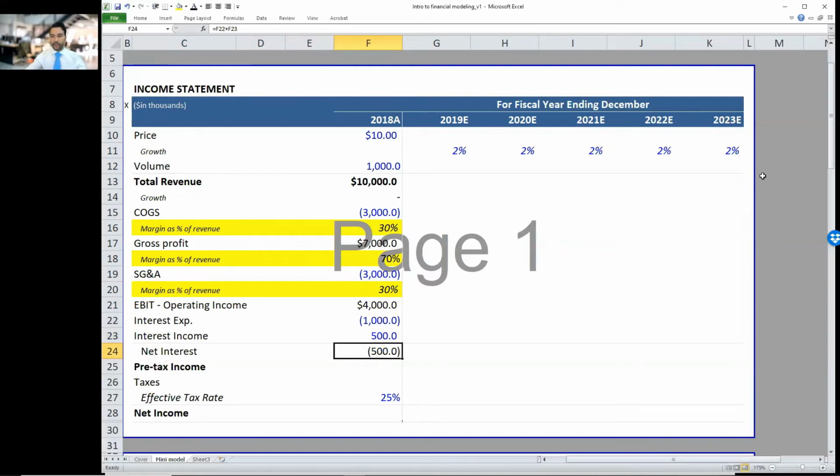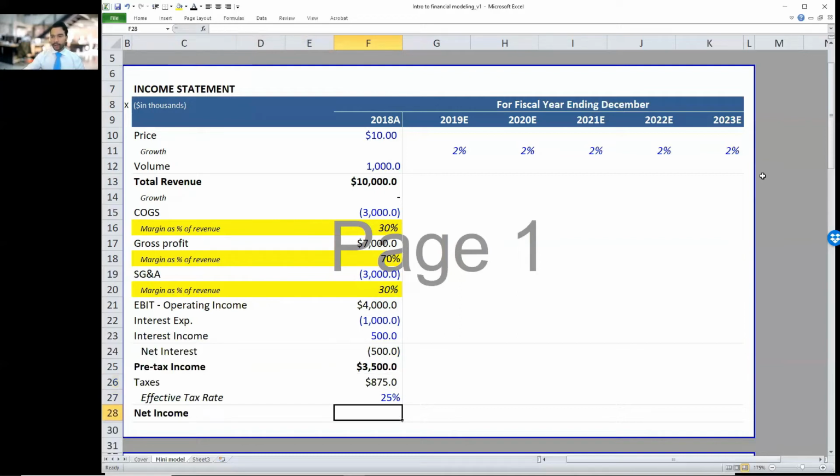It's minus 500. My pre-tax income, it's going to be operating income less my net interest, and it's 35. Then we have taxes. We're making the assumption that we have a 25% effective tax rate. So we're going to take our 25% times our pre-tax income, and this is how much we're going to be paying in taxes, $875,000.